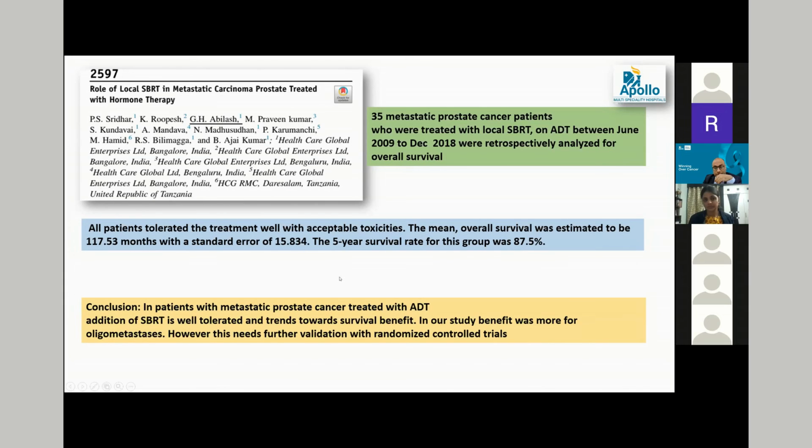The mean overall survival was estimated to be 117.53 months, which is incredible, with a standard error of 15.834, and the 5-year survival rate for this group was 87.5%. They concluded that in patients with metastatic prostate cancer treated with ADT, addition of SBRT is well tolerated and trends towards survival benefit. In the study, benefit was more for oligometastasis. However, this should be validated in a randomized controlled trial.